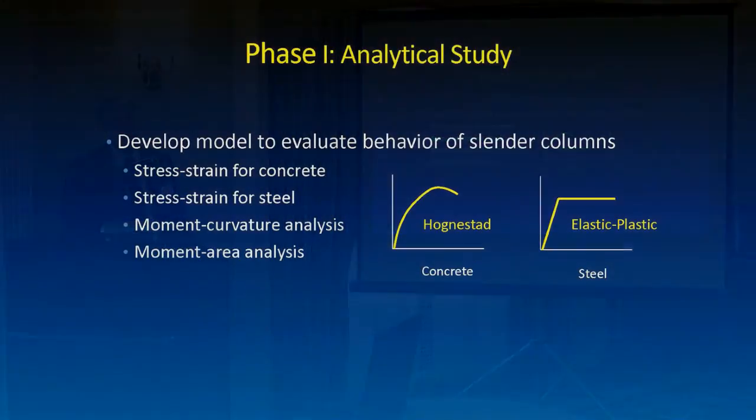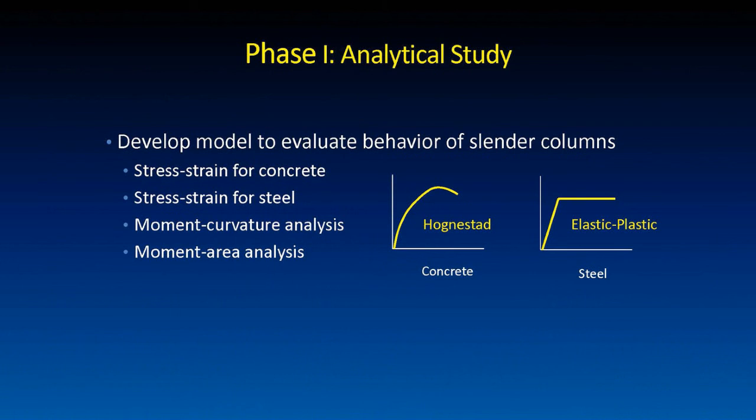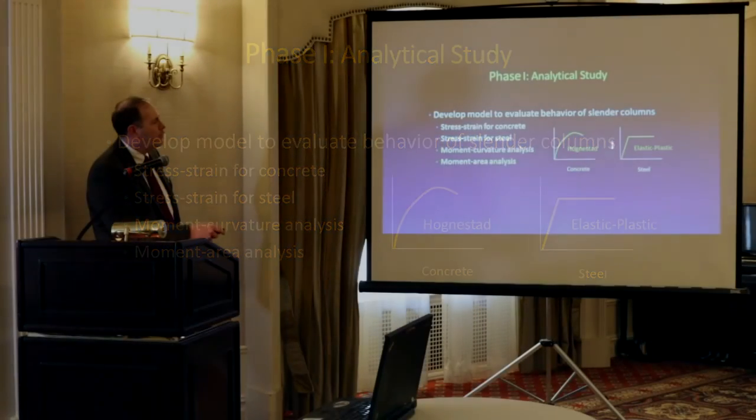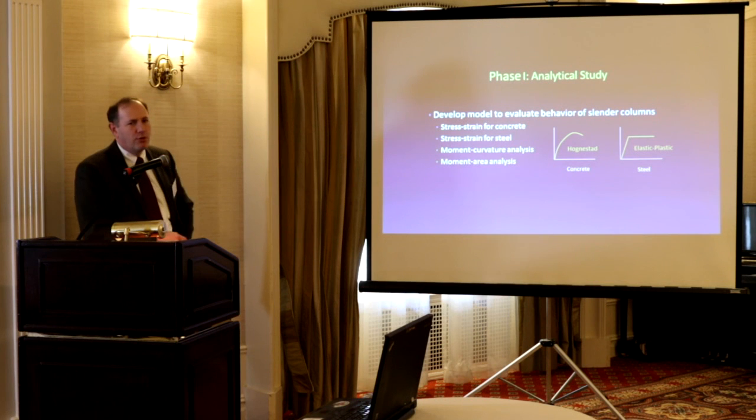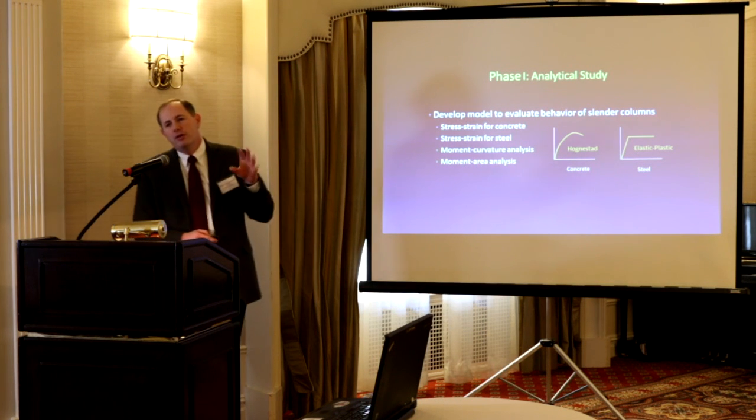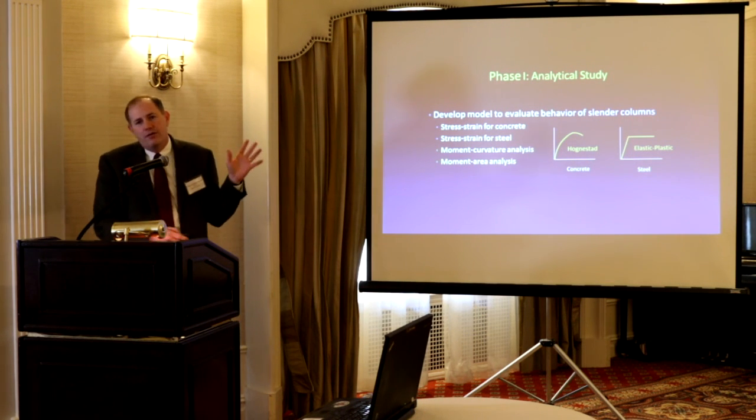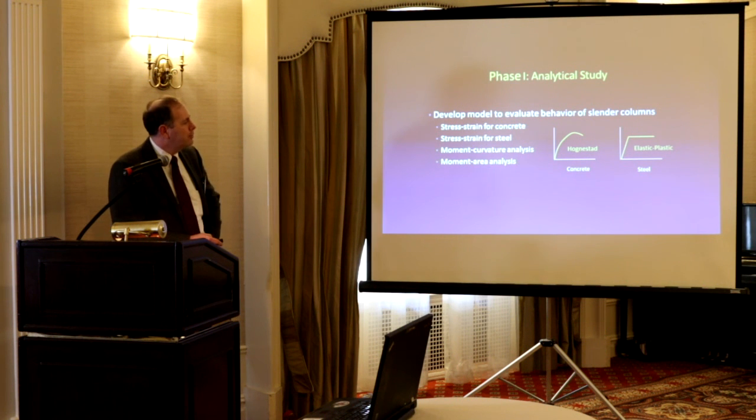So first phase is we went analytically. The first phase of the study said, let's develop a model that can evaluate this, because this is just bending and axial load. We ought to be able to do that. So we looked at the stress strain for concrete using the regular Hognestad relationship. If we go to high strength, we may use a little different, but Hognestad works actually very well even for higher strength materials. And then elastic plastic for the steel, very simple.